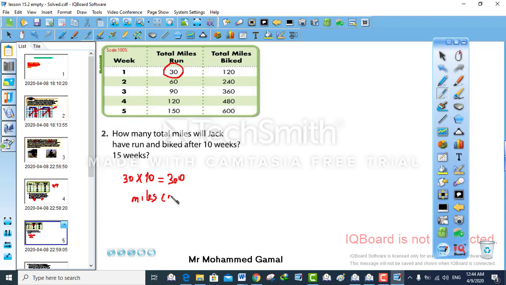for running. And to get the number of miles he will bike, here 120 multiplied by 10 weeks.